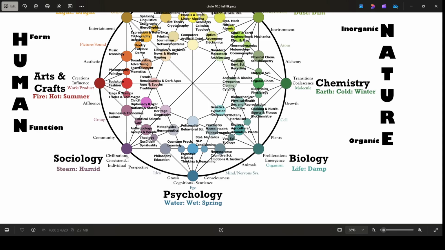So then what's the heart of sociology? Well, psychology is more about the mind, and the heart of that is the ego, the personality. But we said that many psychologies made up a sociology. And so the heart of the sociology is the individual. At the beginning of sociology, it's like, well, how does that individual think? How does that lead to how many individuals think? Back here in philosophy, what's the philosophy and education of that individual?